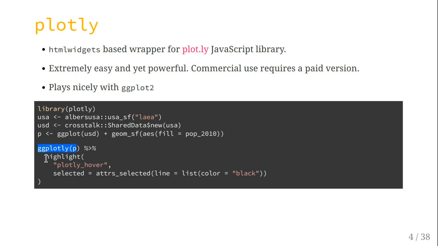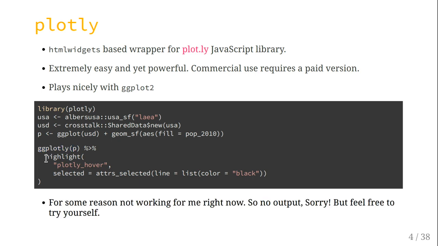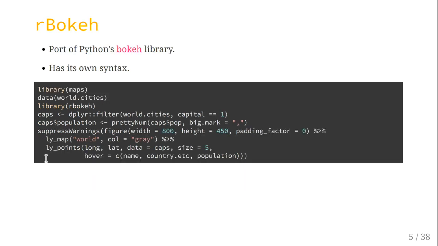I develop a lot of packages, so sometimes I'm pulling in something that I know is broken because I want to fix it. That's why Plotly is not working. So all I can show you is code, not output, but this code should work on a stable system. Sorry about that. I wanted to show some more Plotly graphs, but since it was not working, I thought, what's the point?